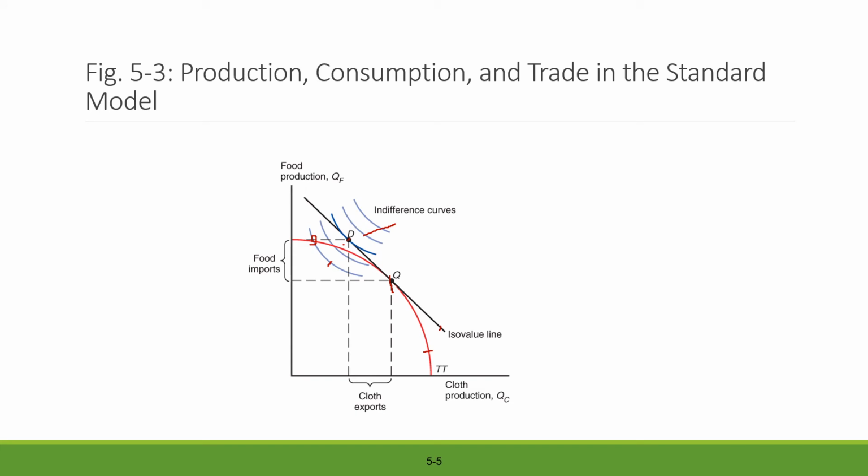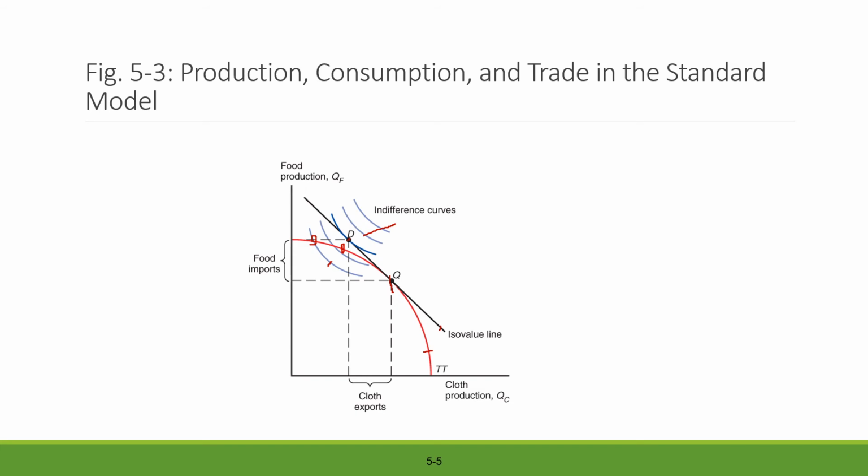Now, when we are consuming at point D, we are consuming beyond our production capacity. Look at the production possibility frontier and compare these two points. We may be able to produce at this point, but D is higher than the point which we could have produced.